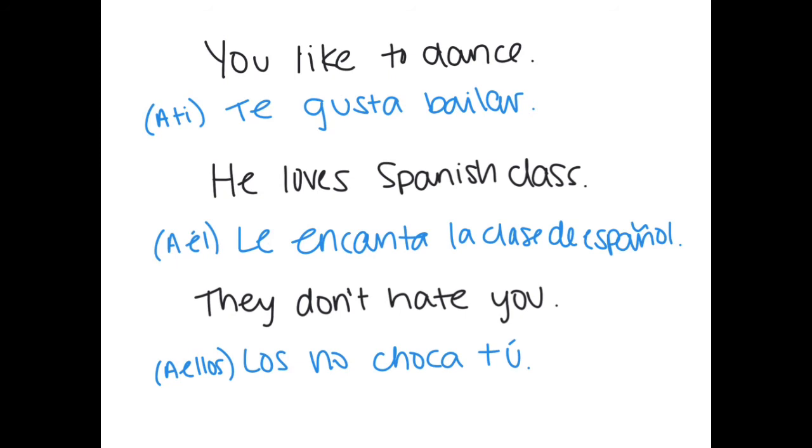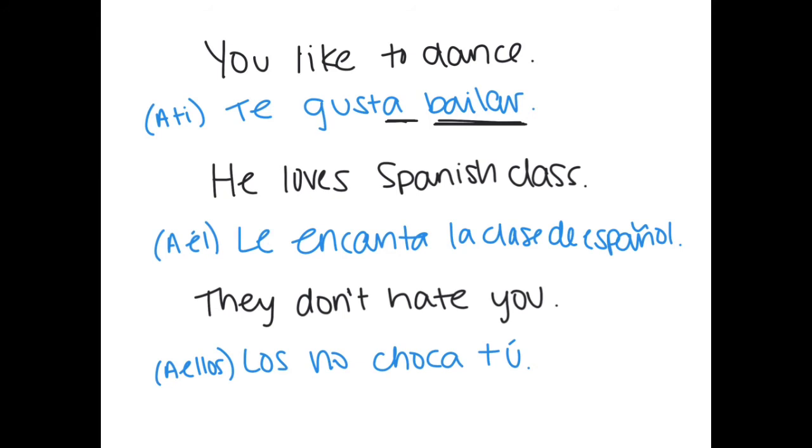And then "gusta" is our proper word for like. Because this is a verb, I'm still going to use that "gusta" translation. I'm going to use "gusta" for verbs and singular nouns, and then I'm going to use "gustan" for when it's plural.